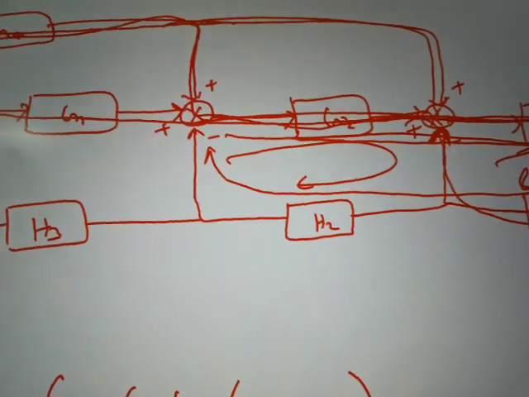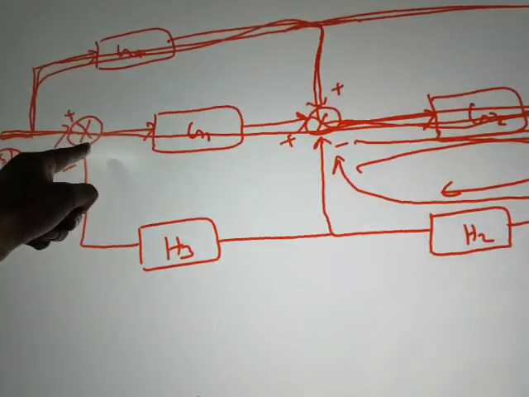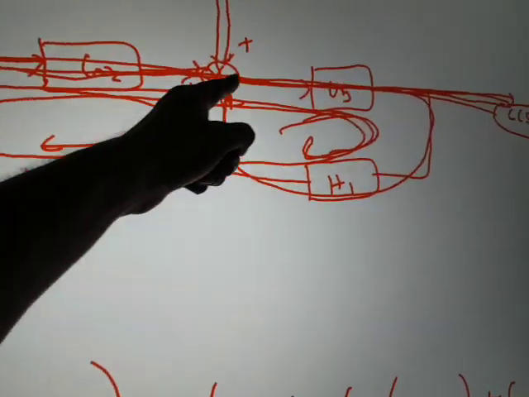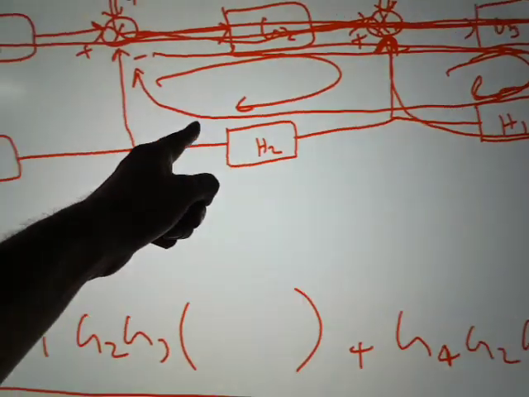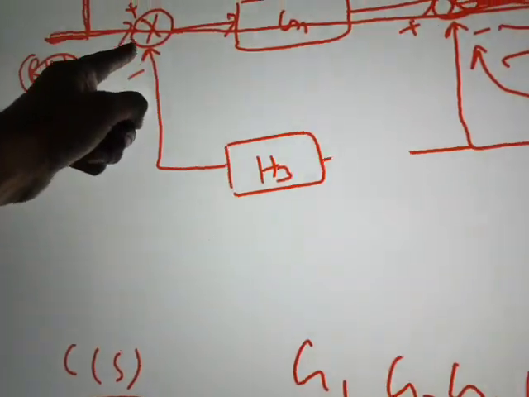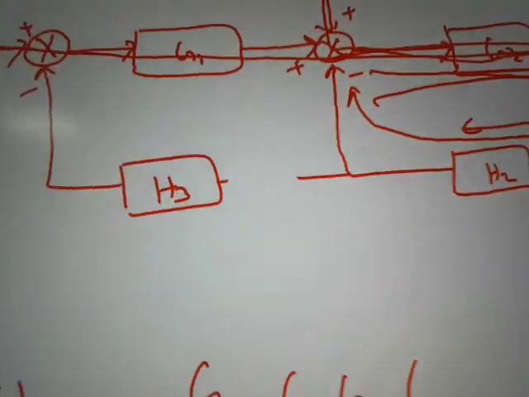Another loop will be here: we start from this node, G1 G2 G3 and H1 H2 H3, come back to these nodes. So this will be one loop.